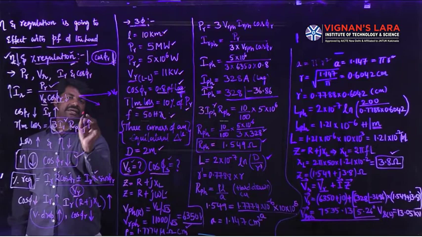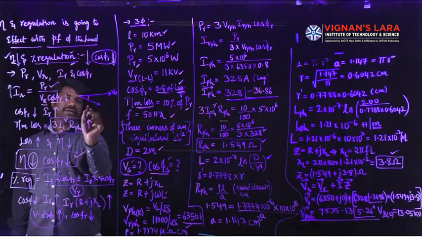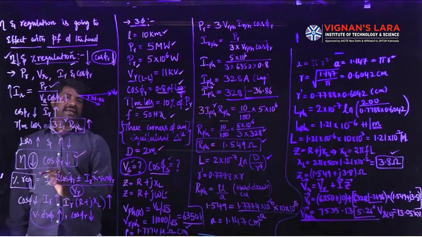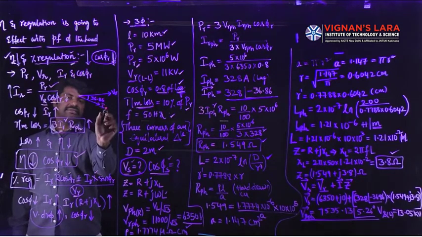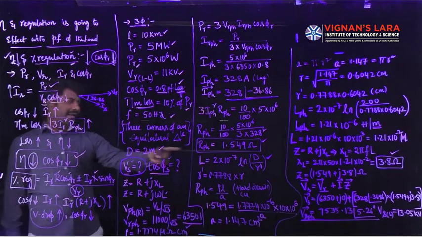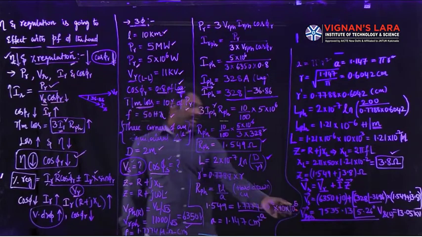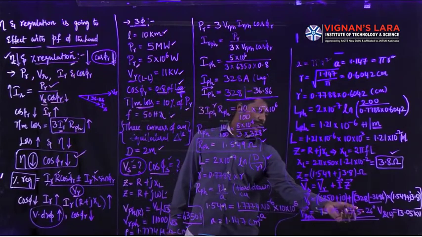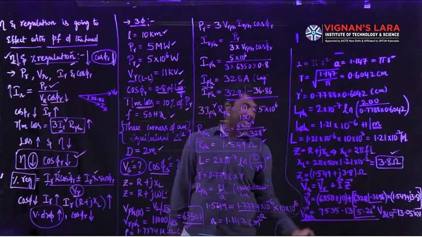Both magnitudes are the same, which is a lagging quantity. That is why it was drawn in the fourth quadrant with an angle of 36.86. This is current IS, which can also be called IR. And from the mathematical analysis, the Vs we got has a 5.26 degree leading angle.